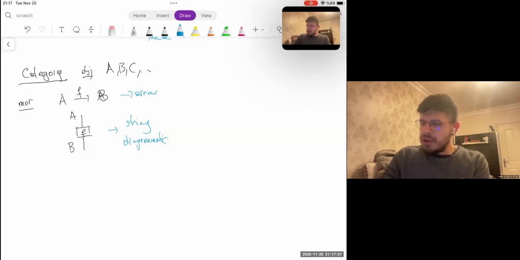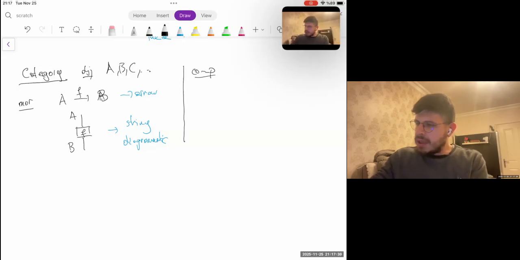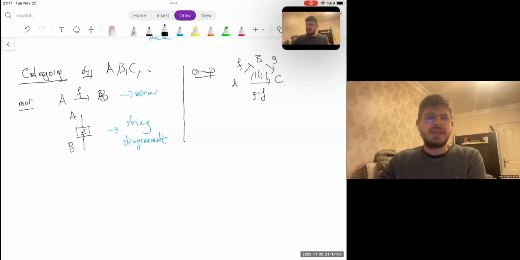When we talk about composition, arrow-theoretically we depict it as having morphism f, morphism g, and then the composite, and we think of this as a little 2-simplex if we want to use this language.